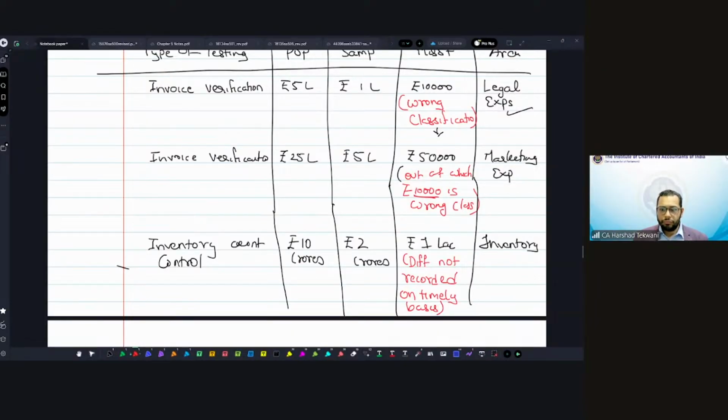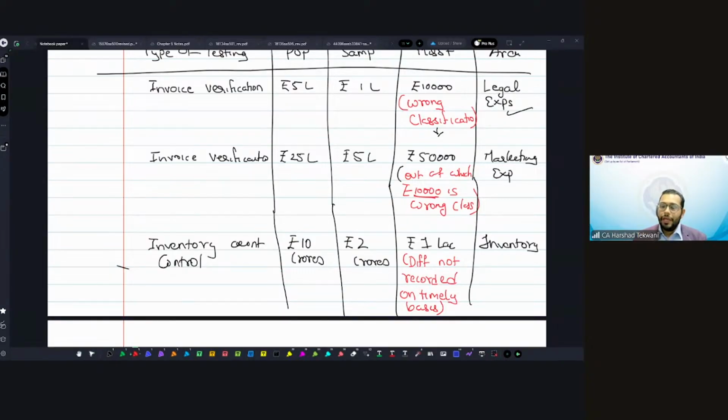Here we cannot estimate or predict the amount based on which the control is failed. No, it's not like that. This is not like the test of details. The test of controls means this level is failed. That's all. We cannot predict and do that.